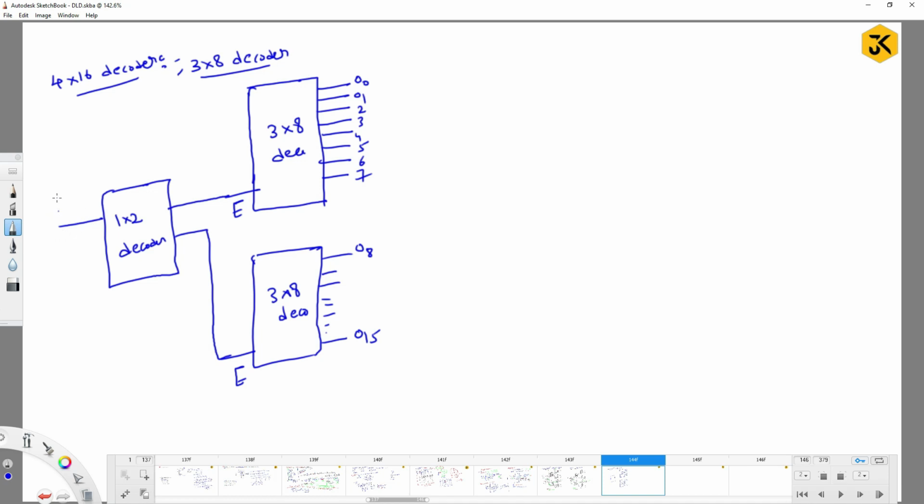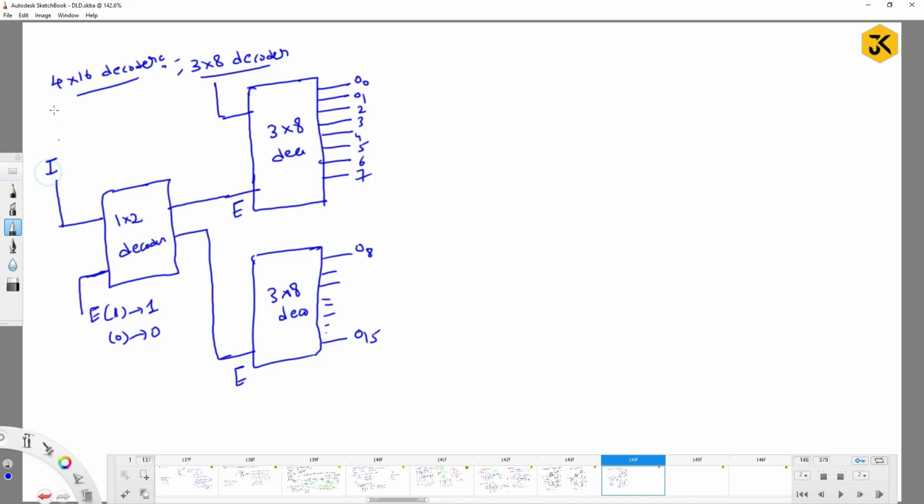So here we are going to have one input, and here there will be an enabler. This enabler value is always 1 to make your circuit active, or if you make it 0, your circuit is always going to be in the off state, right? Now what might be the inputs you have to give to make this circuit work? As it is a 1 by 2 decoder, here you have to give only one input.